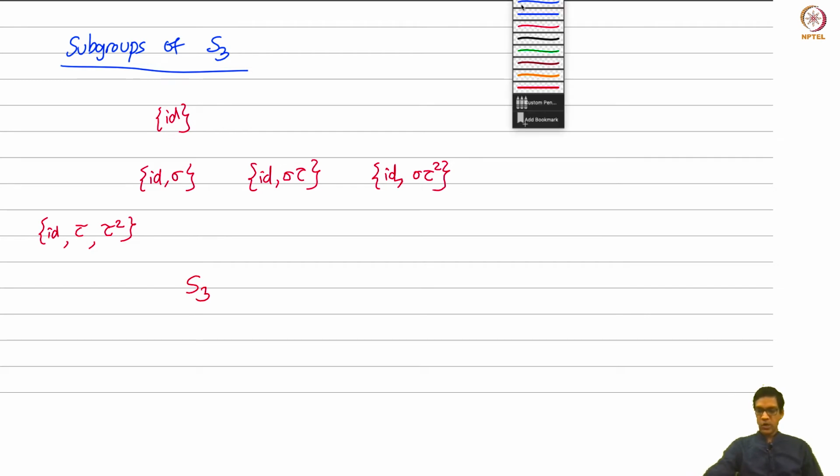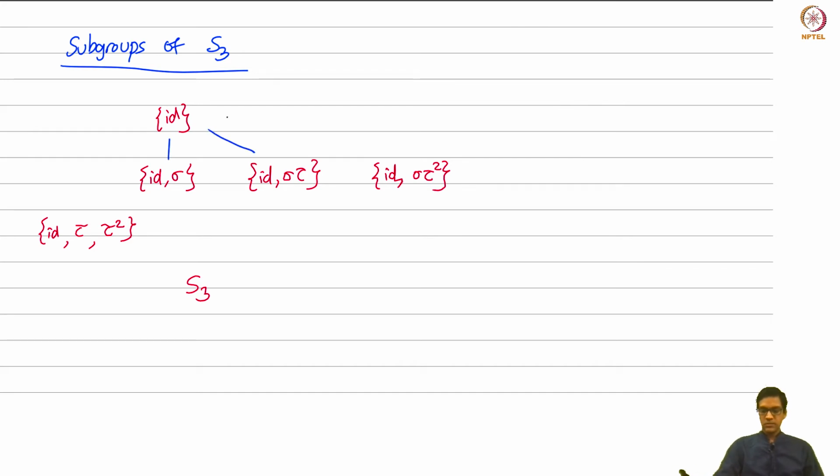Now let's draw the inclusion relations among them. So this is contained in this, is contained in this. So when you draw a line, it just means that the subgroup on top is contained in the subgroup on the bottom. Okay, so this is the partially ordered set whose elements are the subgroups and where the partial order is just one of containment.